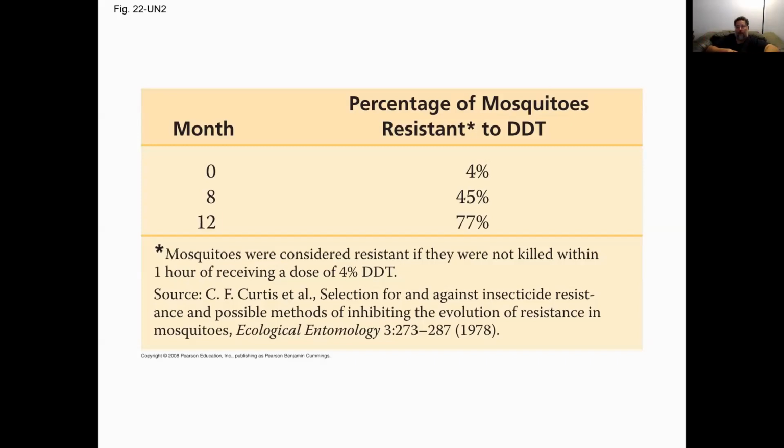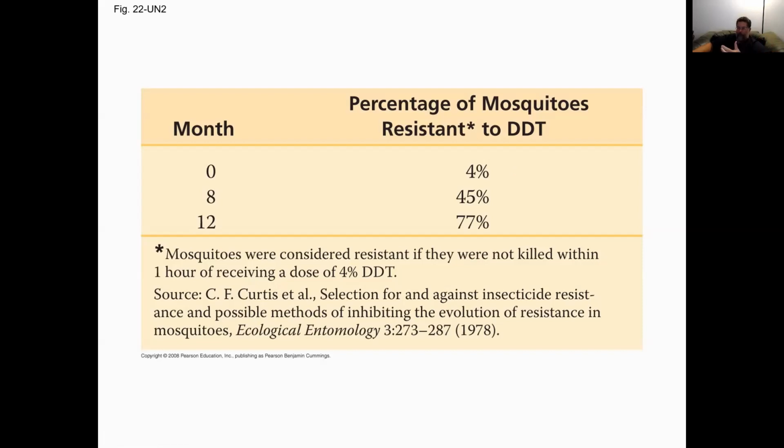And that's what's shown in this graph here, where initially when they spread this DDT, 96% of the mosquitoes were killed, only 4% survived. That's the resistant population. That's what they found. 4% of the population showed resistance to DDT naturally.